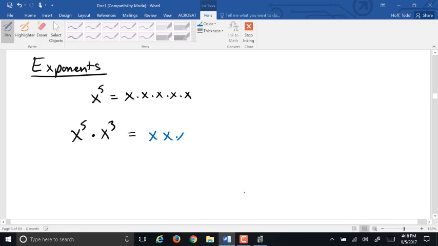Well, x to the fifth is 5 x's multiplied together. X to the third is 3 x's multiplied together. If I multiply them all together, I have 1, 2, 3, 4, 5, 6, 7, 8 x's multiplied together. Becomes x to the 8th.